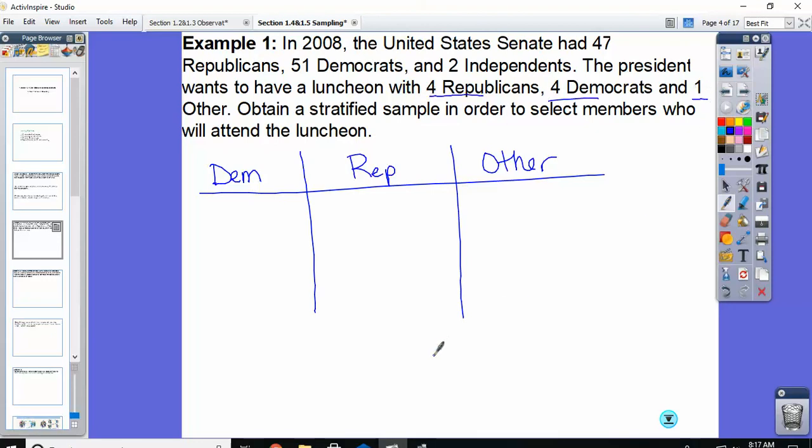So we would use our random number generator on our calculator. So I'm going to store maybe a 2 as my seed. So 2, store, math, random number. Then you can go into your probability. You want number 5. For my Democrats, we had 51. So I would do from 1 to 51.